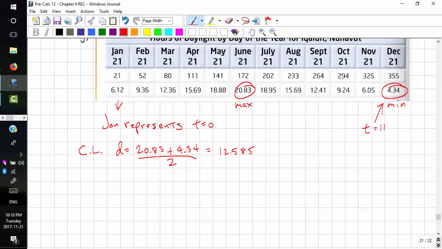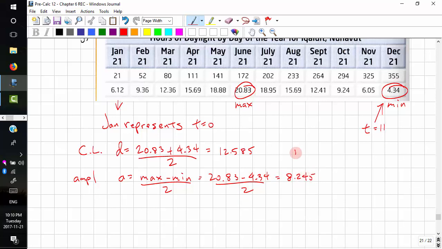It's okay to use decimals because we already started off with decimals. And the amplitude, A, is max minus min over 2. Just to remind you of what we're using, 20.83 minus 4.34 divided by 2. This gives us 8.245.